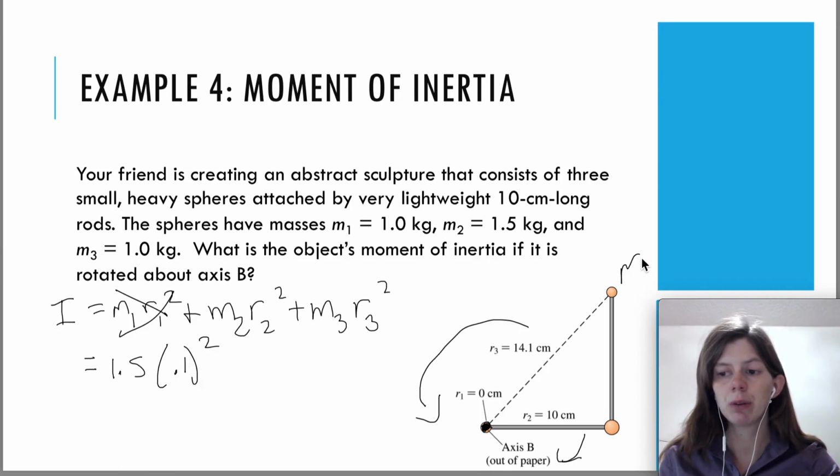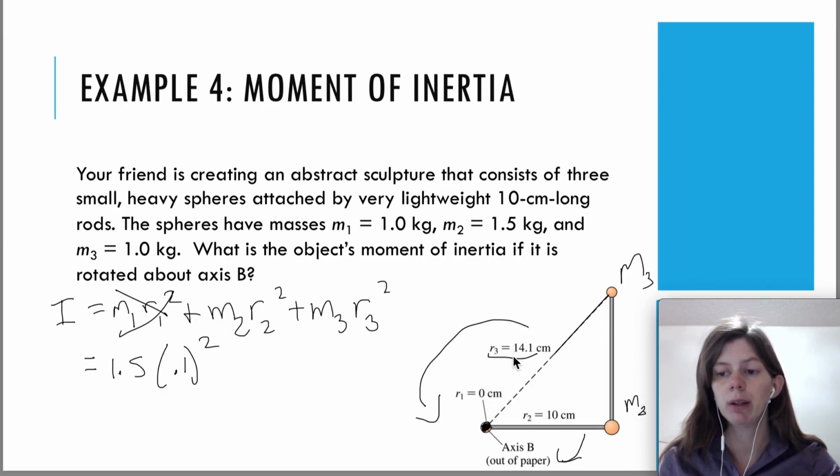Now mass 3, which was over here, is further away now from the axis. It used to be the axis was right here and the distance was horizontal, but now that the axis is coming out of the paper, the distance is shown on this picture with r3.